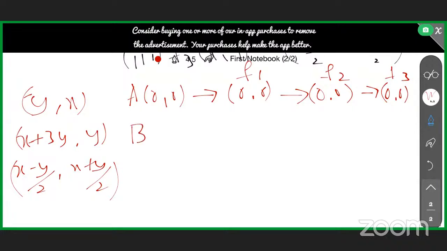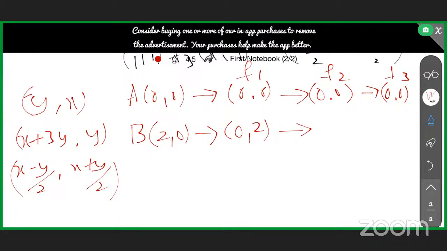Now we go to the second point, B (2, 0). In the first transformation, x should become y and y should become x. That means it becomes (0, 2). Yes or no? Now the second transformation is (x plus 3y, y).